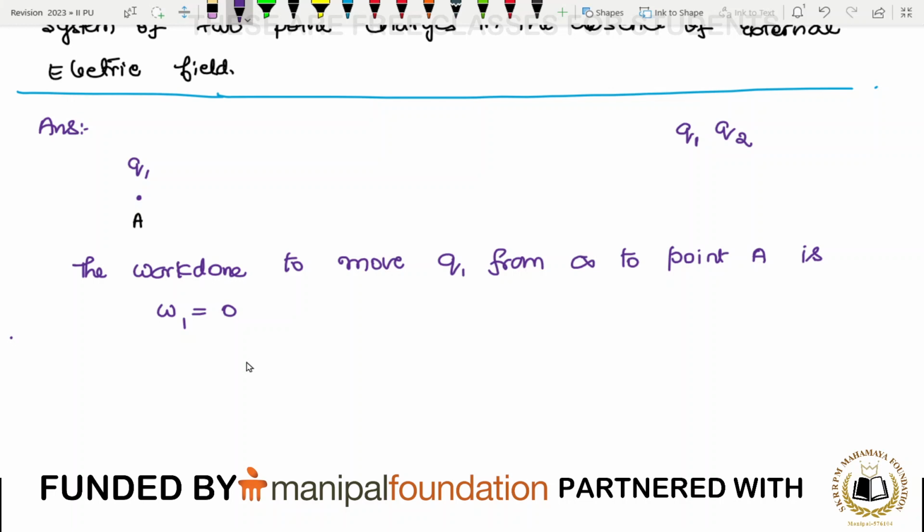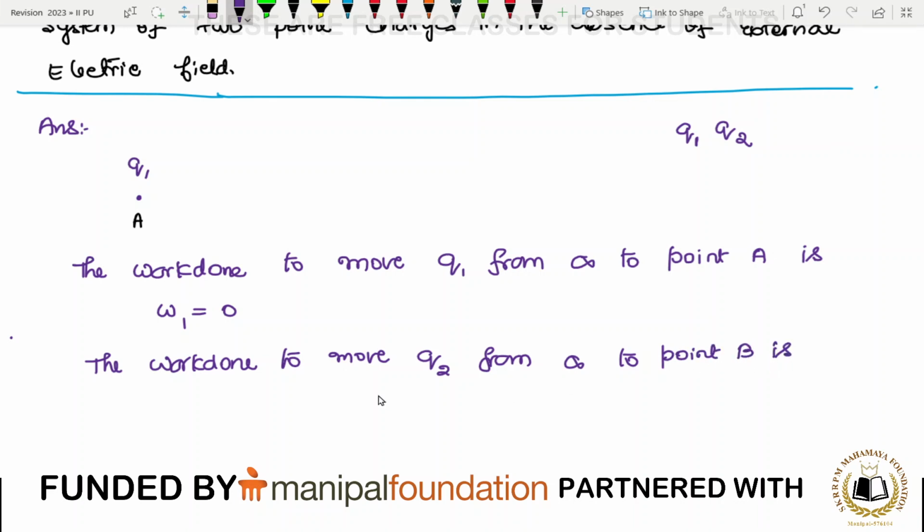Now we want to bring the second charge. The work done to move Q2 from infinity to point B, that is W2, equals the potential at B multiplied by the charge.